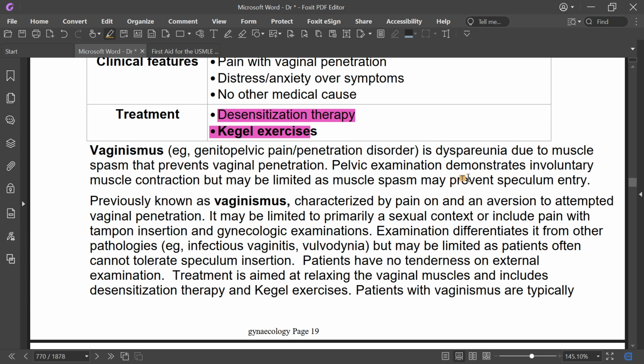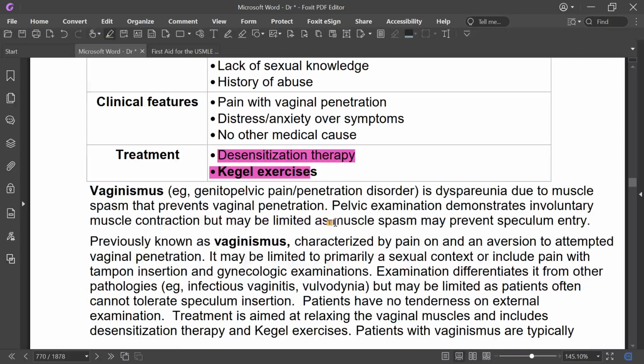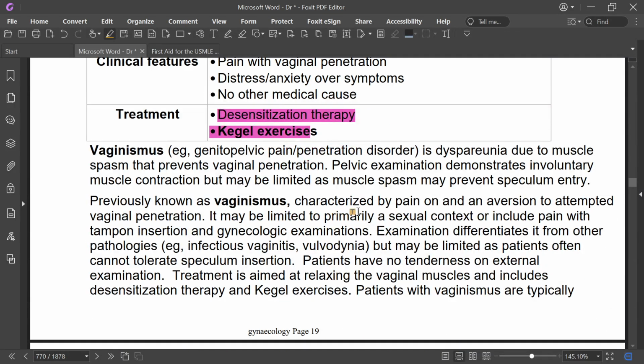Pelvic examination demonstrates involuntary muscle contraction but may be limited, as muscle spasm may prevent speculum entry. It is characterized by pain or aversion to attempted vaginal penetration.